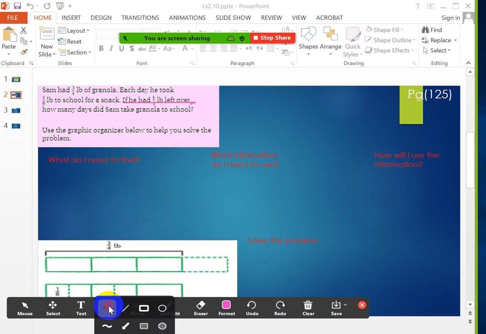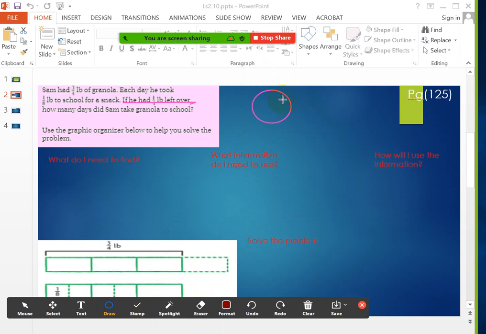So now look, if I told you I have an amount of granola, and each day I want to take this amount, this amount is 3/4. This is the whole amount of granola at my home.